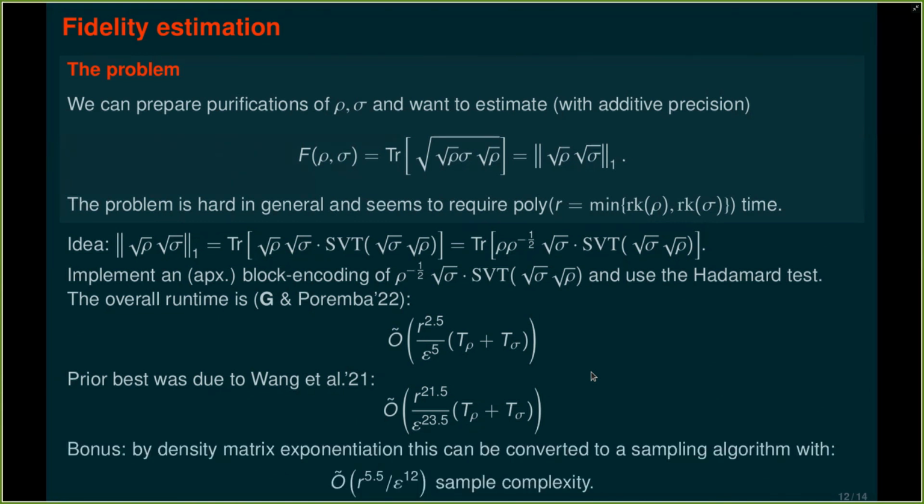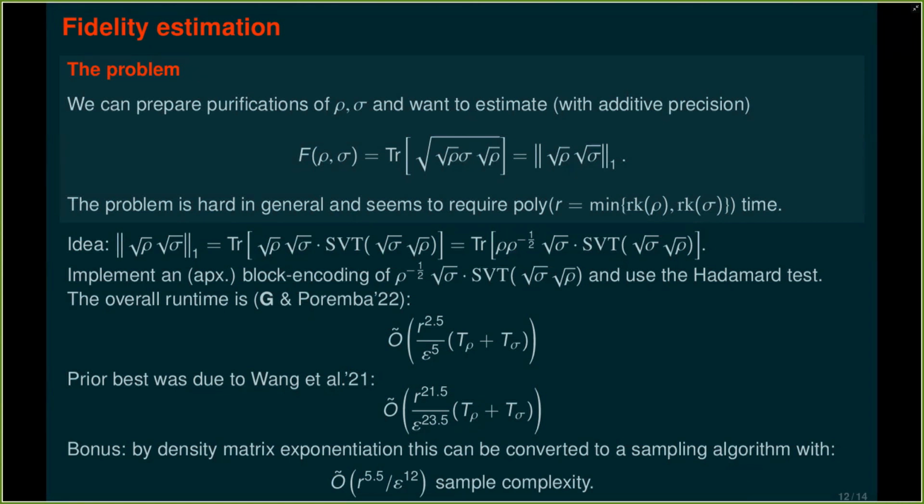And a bonus is that although I described all of this in the model where we already have access to purifications of these density operators, this algorithm can be directly converted to an algorithm which only assumes samples, so it only assumes having access to copies of rho and sigma. And this is done by basically density matrix exponentiation.